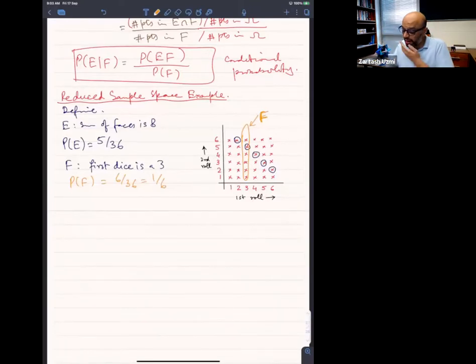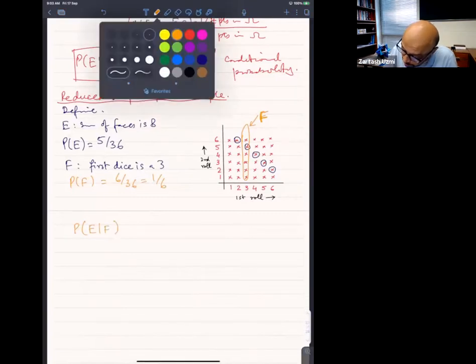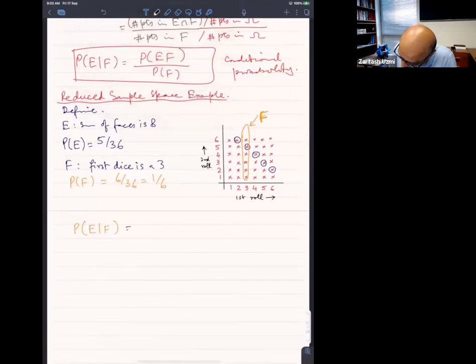If you are given F, okay, what is the probability of E given F? Now, हम कैलकुलेट कर सकते हैं इसको. कैसे कैलकुलेट कर सकते हैं कि probability of E and F together divided by probability of F. So probability of F हमने पहले मालूम कर लिया है.